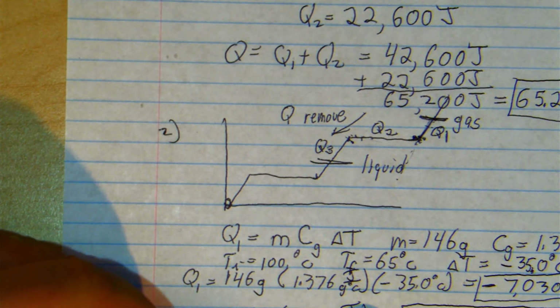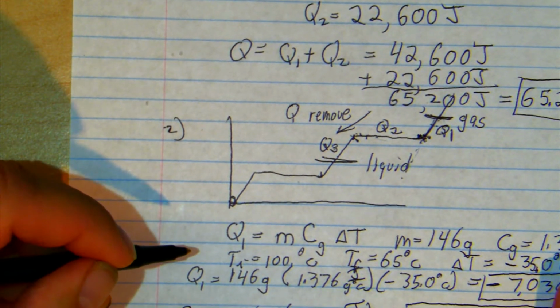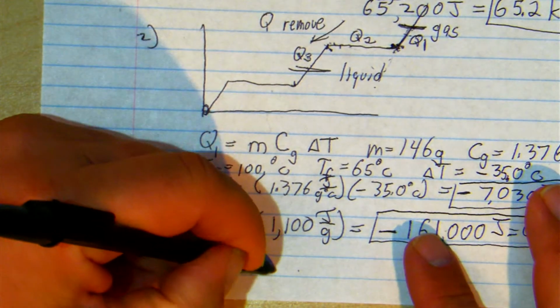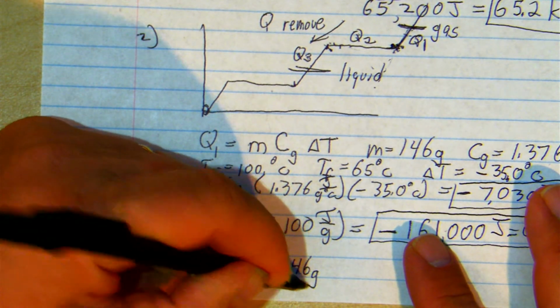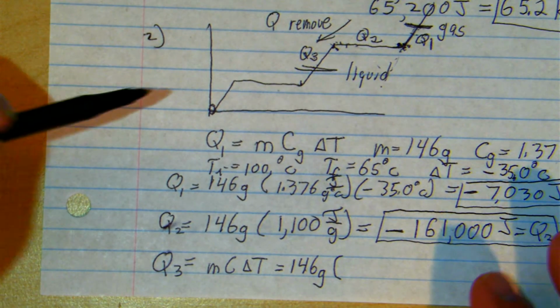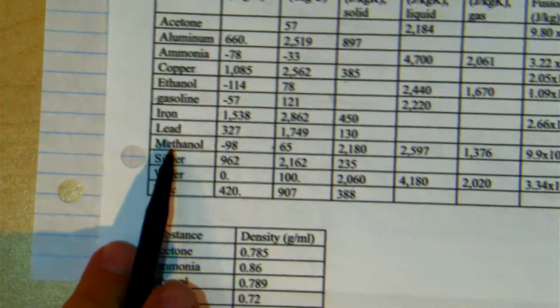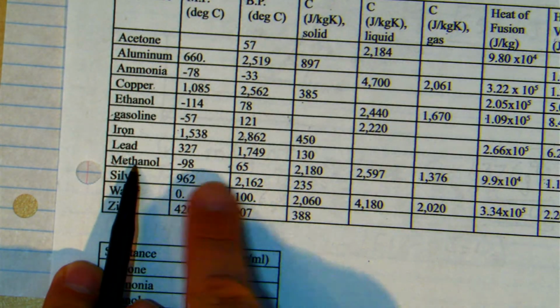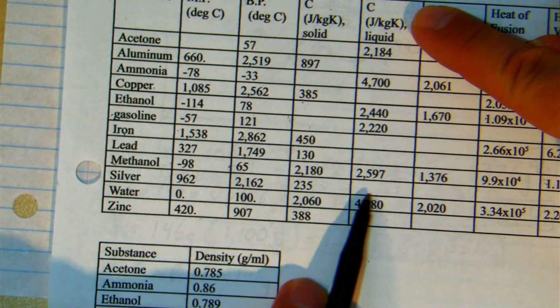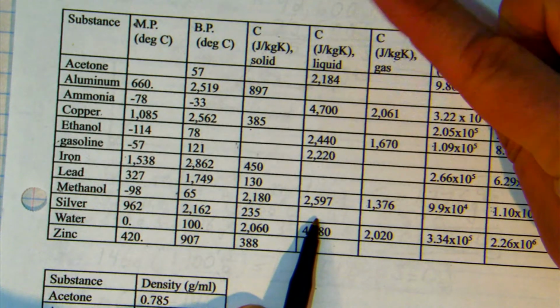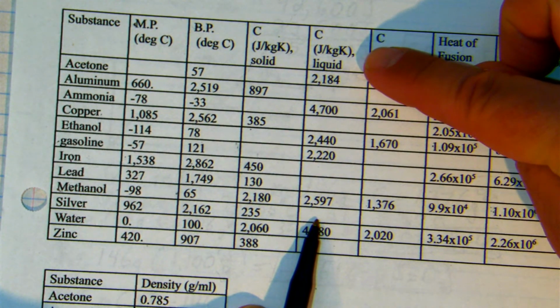Next, for Q3, the equation once again becomes mc delta T. The mass is still 146 grams. The specific heat is going to be the specific heat for liquid methanol. We go to the table, we find methanol once again. This time we look up the specific heat for liquid methanol. The number displayed is 2,597 joules per kilogram per Kelvin.